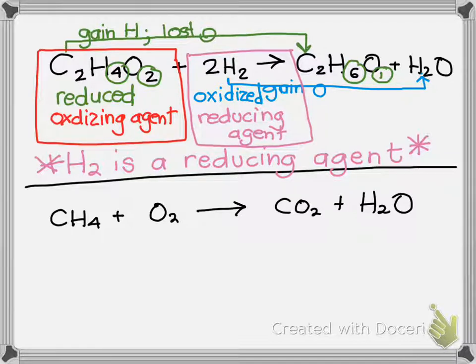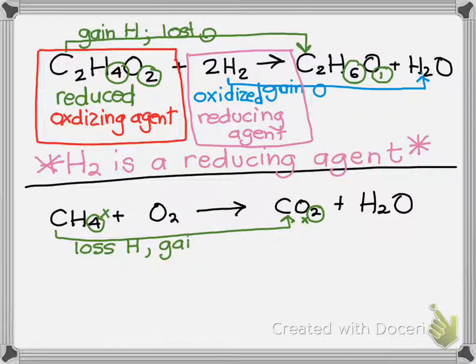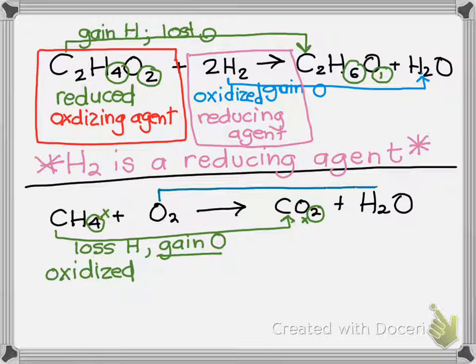Now let's look at the second one. And so here's my carbon, and remember I follow it through to see what happens. There's 4 hydrogens here and there's none over here, so it looks like I've lost my hydrogens. And there's no oxygens here and there's 2 here, and I've gained oxygen. So the gaining of oxygen means that this first one, the methane, CH4, is oxidized. And so now, just to confirm, I know the oxygen would have to be reduced, but I will confirm it.